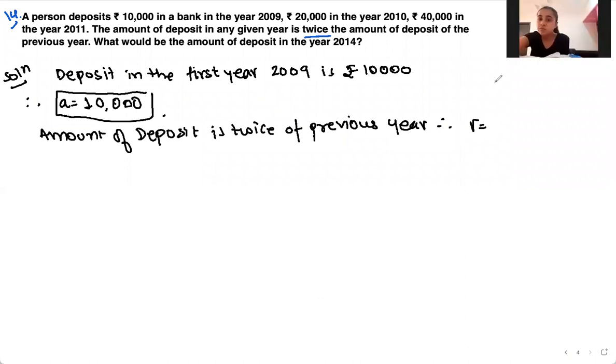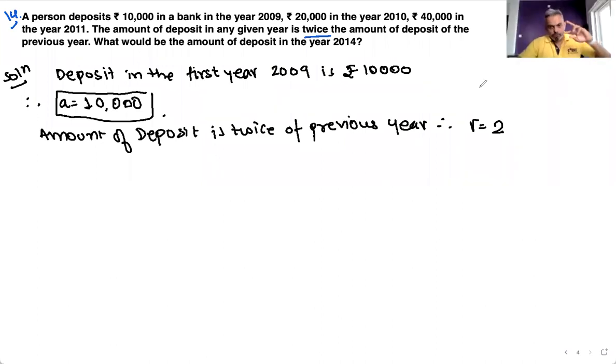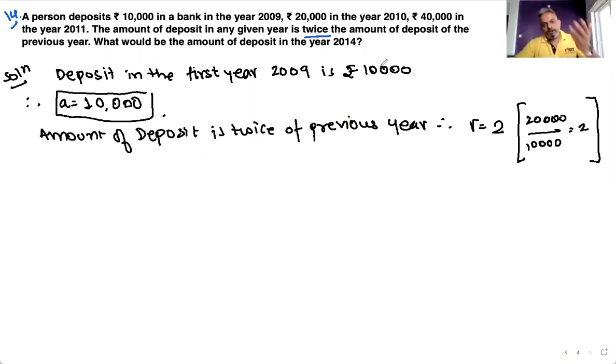R is equal to 2. 2 times. Okay, double हो रहा है. You can also do 20,000 divided by 10,000. Okay, you can do like that also. 20,000 divided by 10,000 is equal to 2. 40,000 divided by 20,000 is equal to 2.